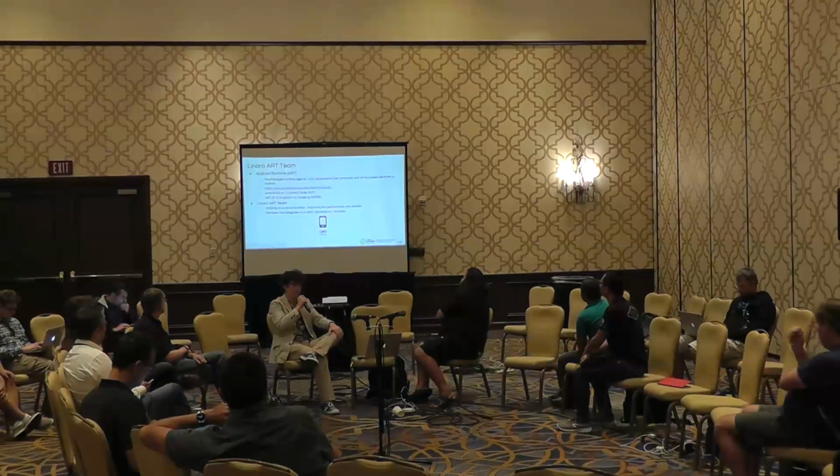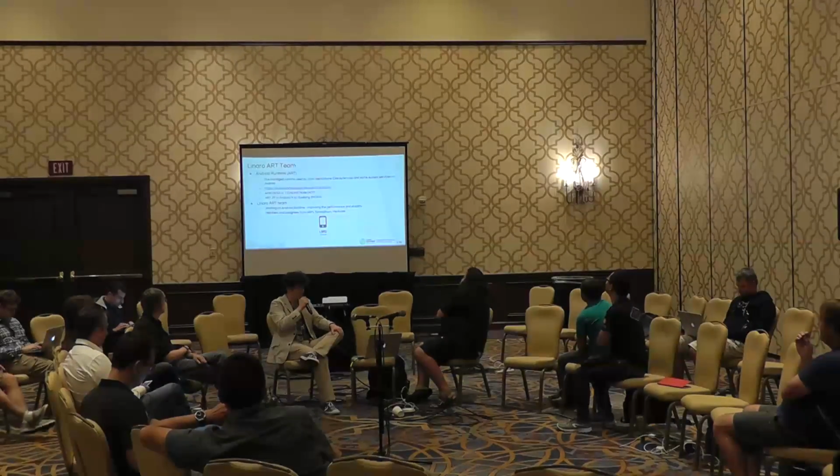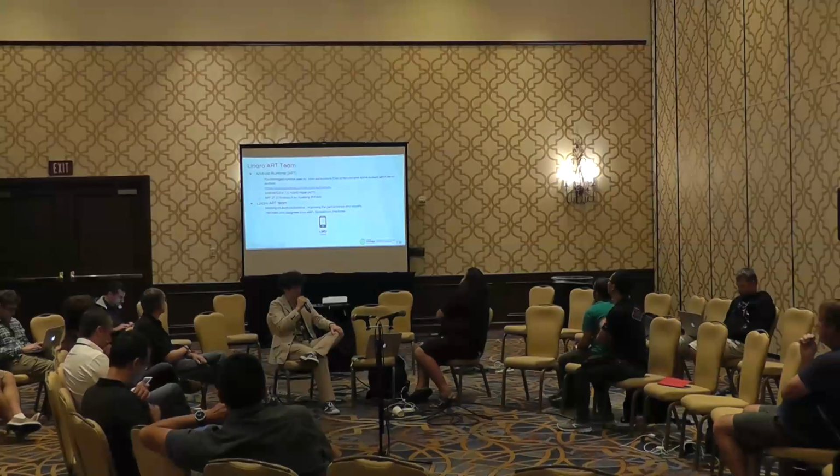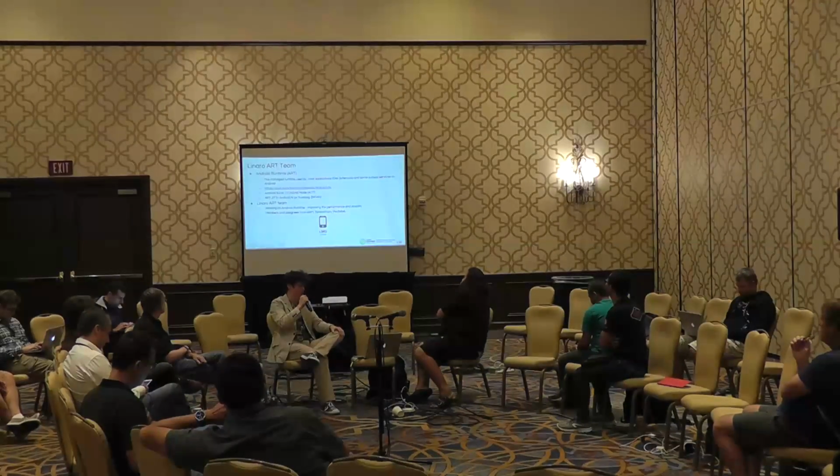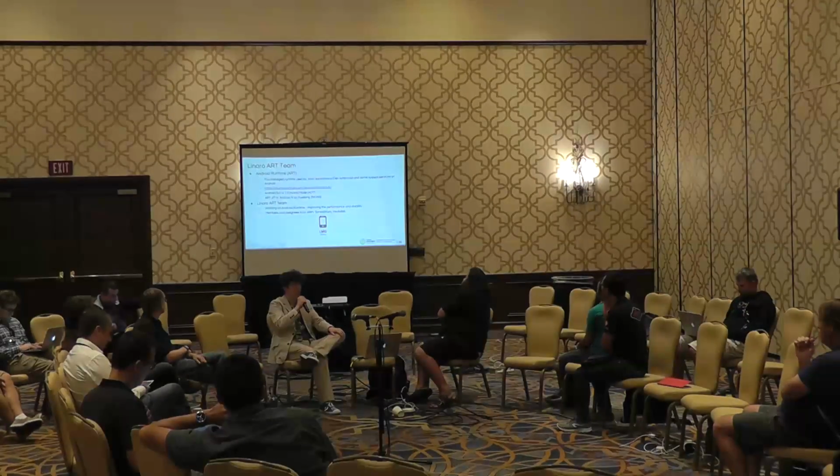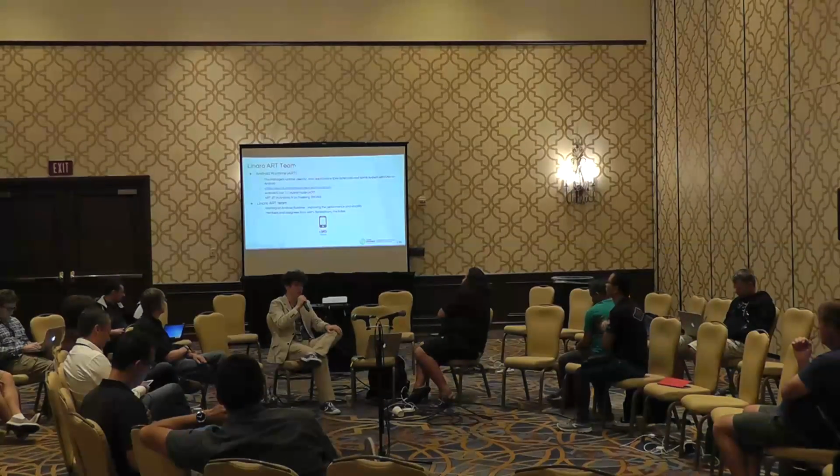If you are interested in this, you could take a look on the internet. What I will be talking about today applies to Android 6 Marshmallow and to the ahead of time mode of Android 7, and can also be enhanced and improved to be used for JIT as well.